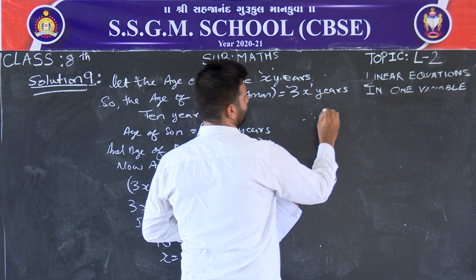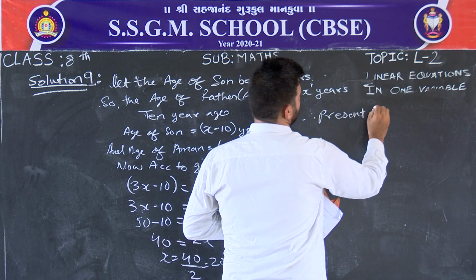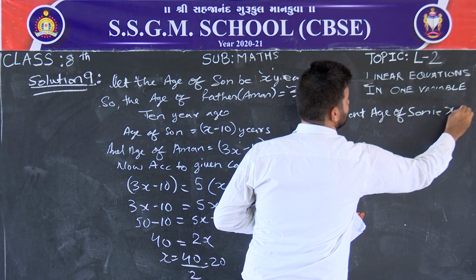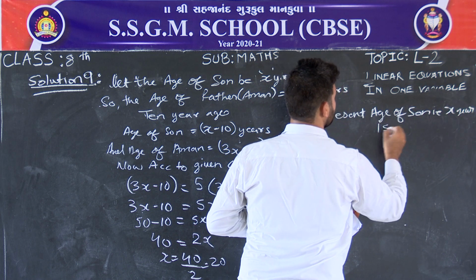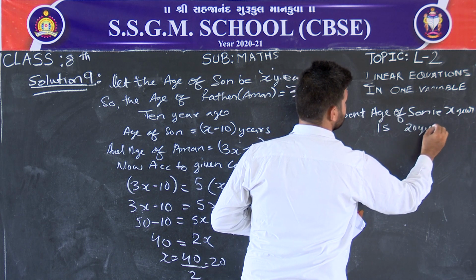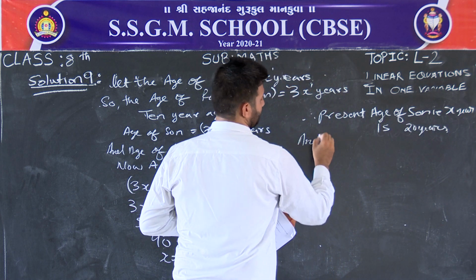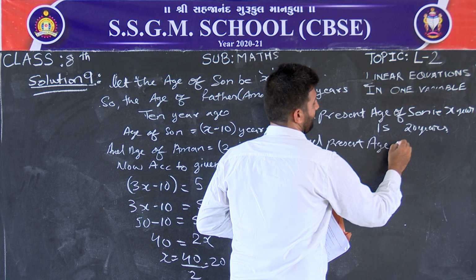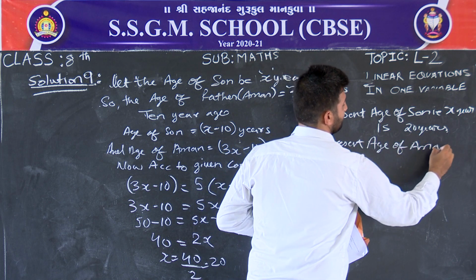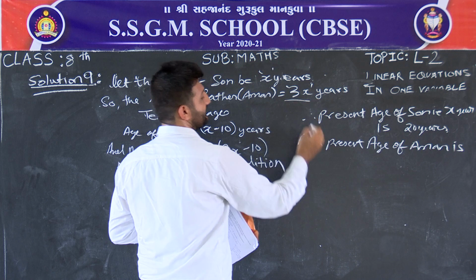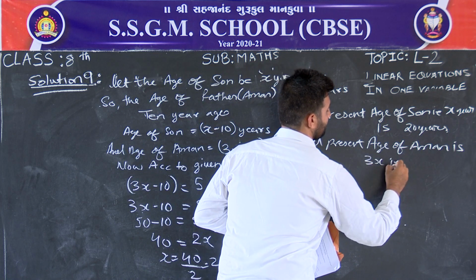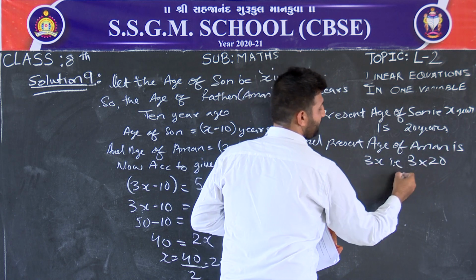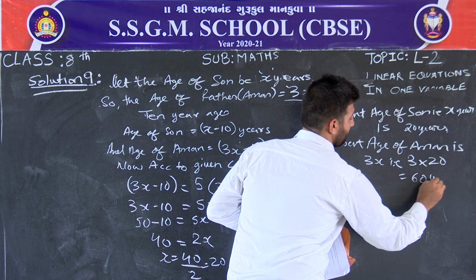Therefore the present age of the son, that is x years, is 20 years, and the present age of Aman is 3x years, that is 3 into 20, because the value of x is 20, therefore 3 into 20 will be 60 years.